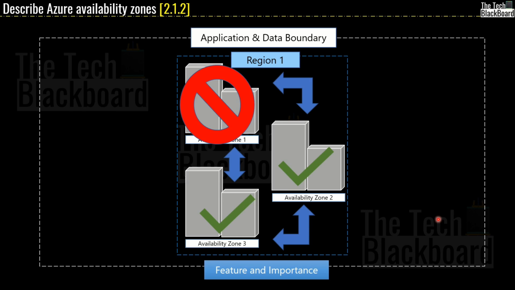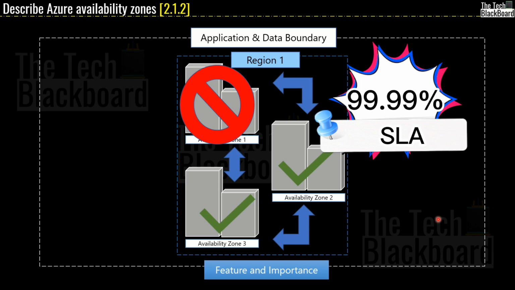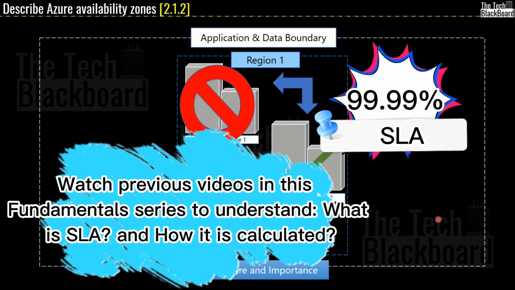There is a physical separation between each availability zone, and it is this separation that protects our application and data from data center failures. With availability zones, Azure offers the industry's best 99.99% virtual machine uptime SLA. In case you want to know what an SLA is and how SLAs are calculated, you must watch the previous part of this video series.